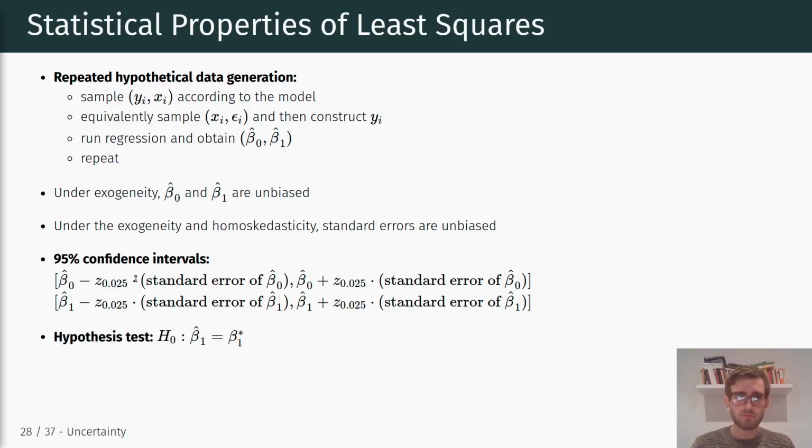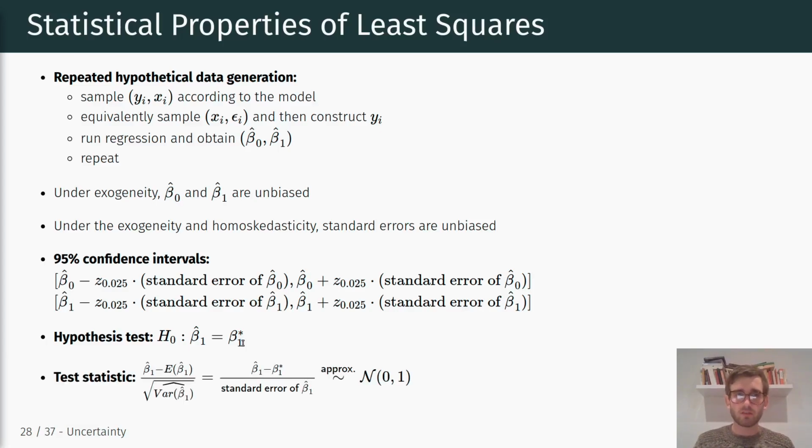Okay, so that means we can also directly conduct hypothesis tests. For example, looking at a hypothesis test of beta 1 being equal to some beta 1 star, or being equal to 0, for example, and then an alternative hypothesis of beta 1 not being equal to the null hypothesis.